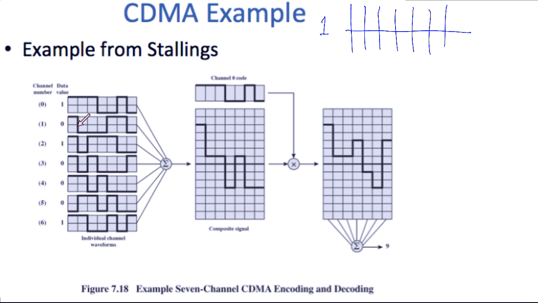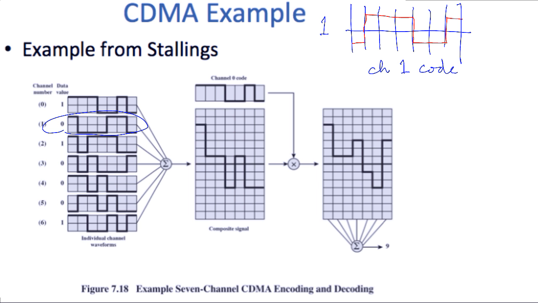So it's going to be minus, plus, plus, plus, minus, minus, plus. And if I finish my diagram here, you can see it. So this is the actual channel 1 code. And it's the opposite of what you see here. Okay? And I hope that helps.